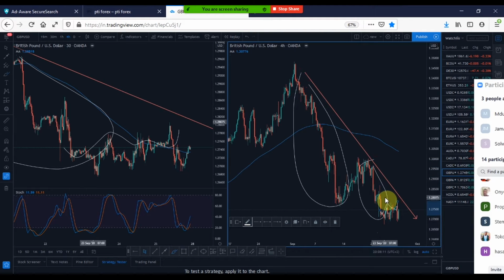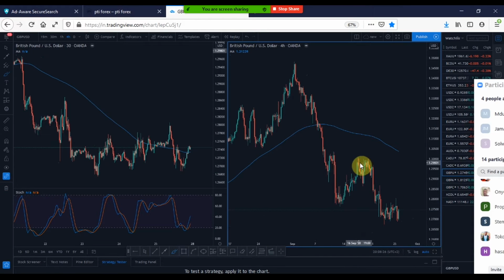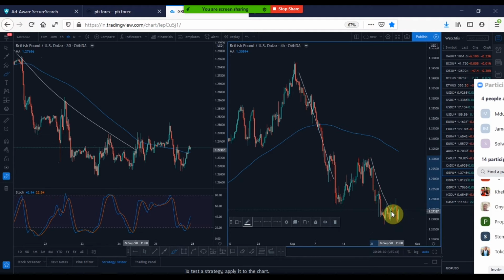Remember, when it comes to selling, we sell when the market is correcting. So the beginning of this corrective here doesn't necessarily mean that we should sell now. Why? Because we can see that the momentum was dying. As you can see, a big wave and then a small wave afterwards.